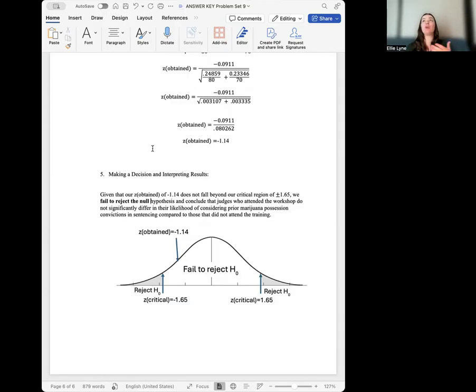Maybe a type of training like that isn't the most effective, or maybe if it was a virtual training, they may want to bring it in person so that they can connect better with the judges, right? So these are different types of applications where we can use statistics to inform different policy initiatives or training initiatives to really help elevate different criminal justice initiatives.